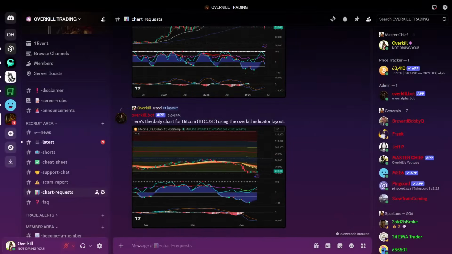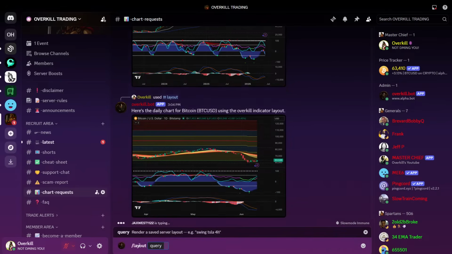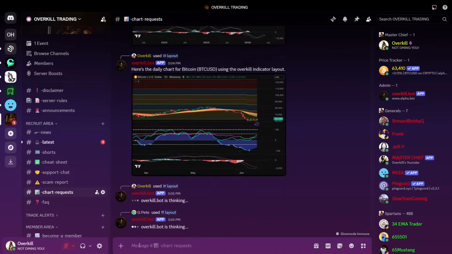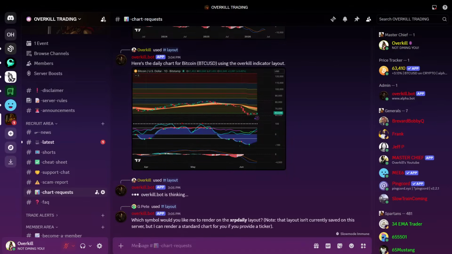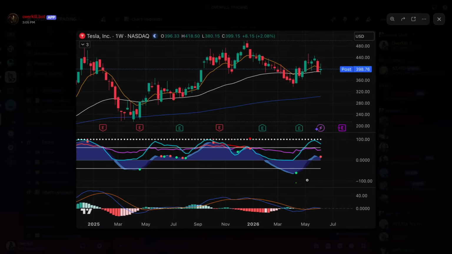So again, that command is /layout, enter, and then whatever stock, whatever crypto you want to see. You could do Tesla here, Tesla weekly, right? You can look up the 1 hour, the 4 hour, the daily, the weekly, the monthly, whatever time frame you want to, whatever you want to ask it. You just have to prompt the bot to do it. And you could see right here, here's the weekly chart of Tesla.